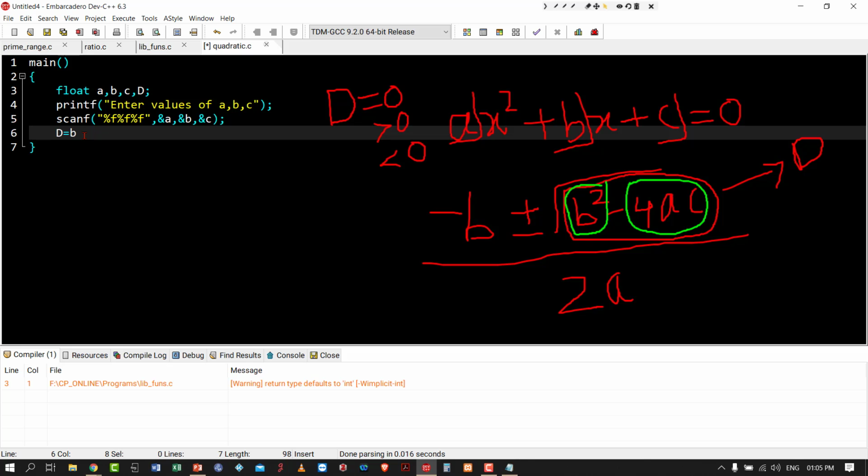No need to use any power function, just write B star B minus 4 star A star C. This is D. Any confusion in this line number 6? B square means B star B, 4AC means 4 star A star C.